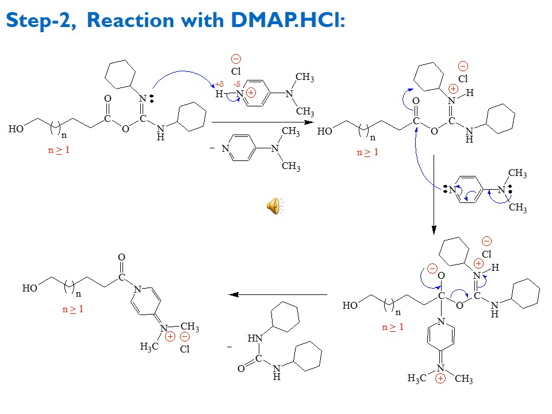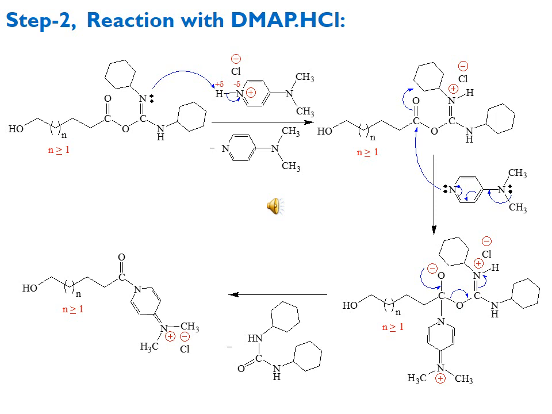After this protonation, the next step is the attack of the neutral dimethylamino group on this ester functionality. Here you can see the moving arrows: the lone pair of nitrogen of the dimethylamino group is going to move towards the benzene ring, and the double bond between carbon number 1 and 2 of the benzene ring is going to move towards carbon number 2 and 3, and the double bond between carbon number 3 and 4 is going to move towards nitrogen.